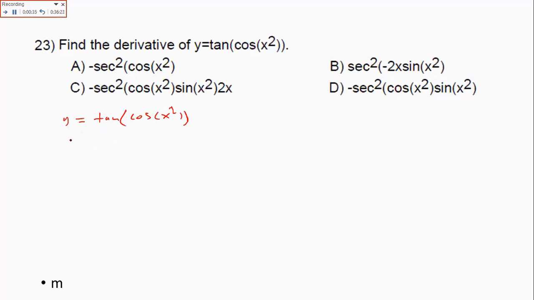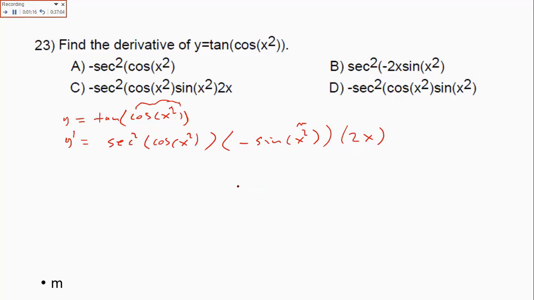So we will get the derivative of the outermost one first. So y prime, the outermost one is sec squared of whatever is inside, right? The inside is cosine of x squared, right? And then we do the derivative of this inside. The derivative of this inside is going to give us negative sine x squared, right? And now we have to do the derivative of this inside, right? This is multiplied by what? 2x, correct?